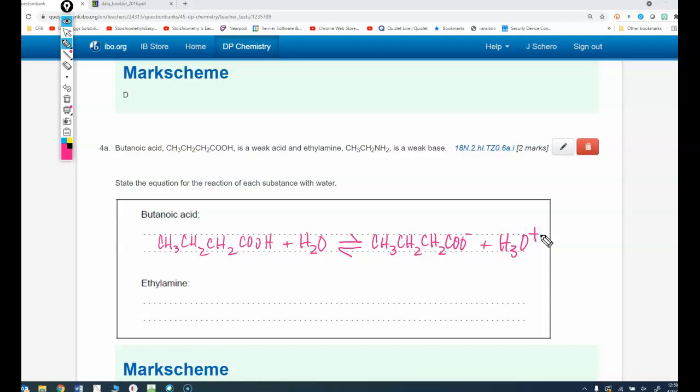The ethylamine is CH3CH2NH2. In this case, it reacts with water, so water acts as an acid and donates the hydrogen, and we end up with CH3CH2NH3 plus and OH minus remaining. So those are going to be our 2 reactions there.